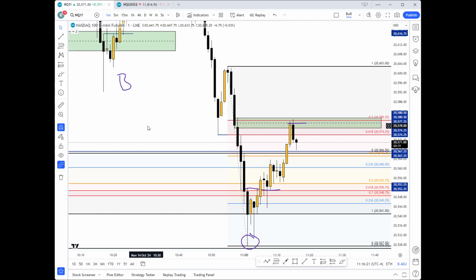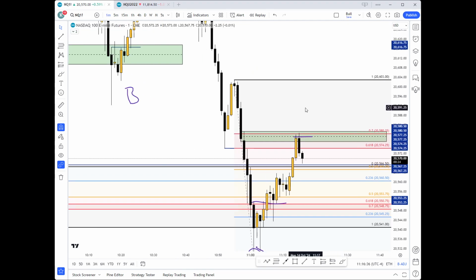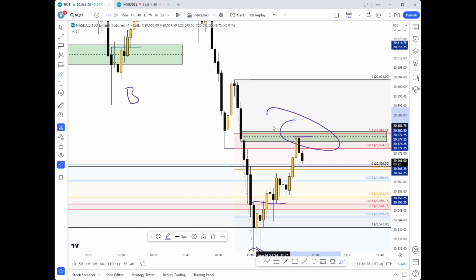Bang, right? Failure here with a strong rejection from this low means we go above that high, in my opinion. Not that I would be taking a long expecting an SNDR to break, but you guys can see the anatomy of this trade.